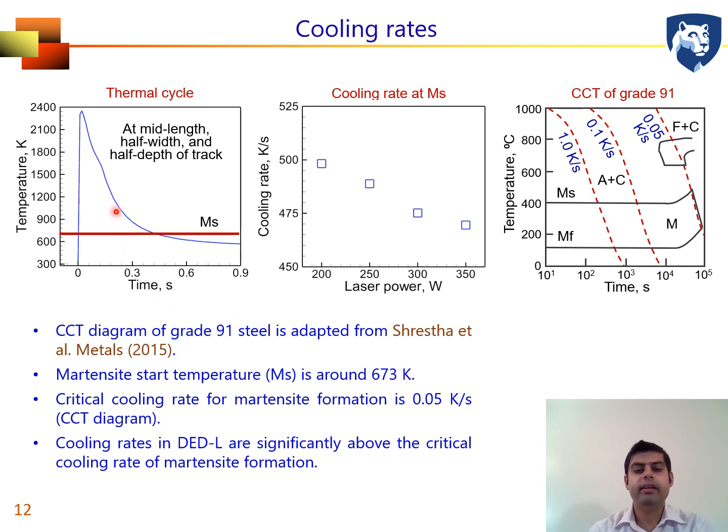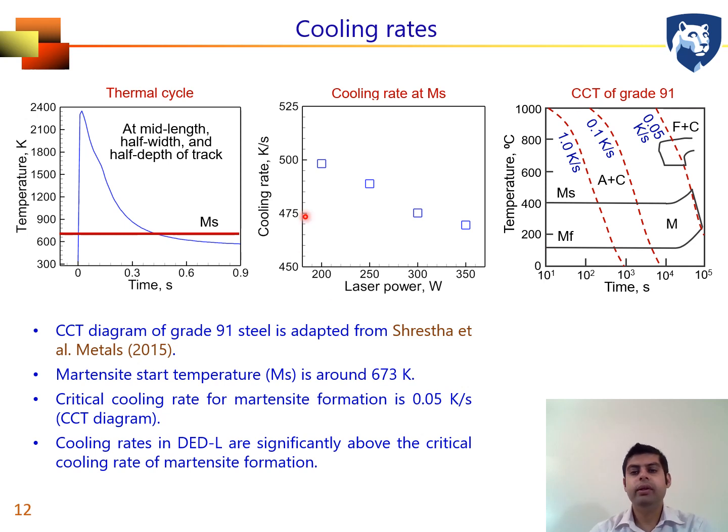If we extract the slope of the thermal cycle at that temperature, we can see the cooling rate values are around 500 Kelvin per second, depending on the processing condition. And with the increase in power, the cooling rate decreases, as expected.